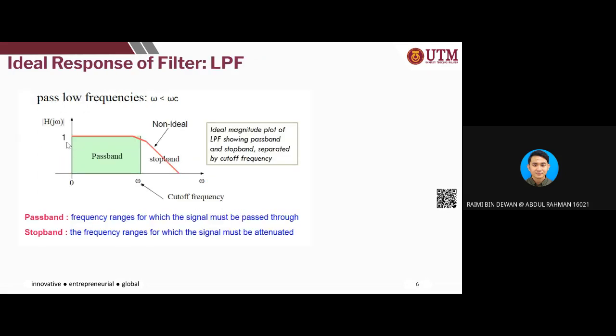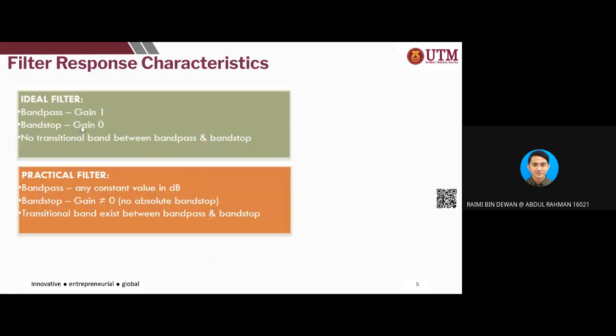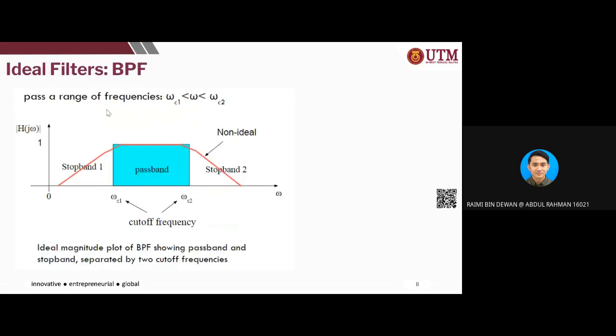The same for our low pass filter, 1. Why? We have learned just now. So this is our bandpass filter, which only allows certain frequency within the cutoff frequency range to pass through, while attenuating the other frequency range.